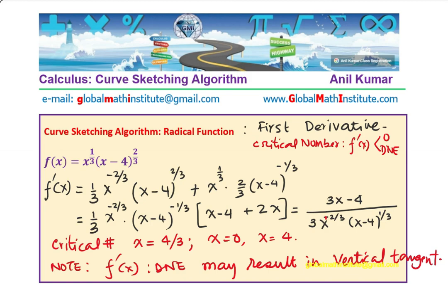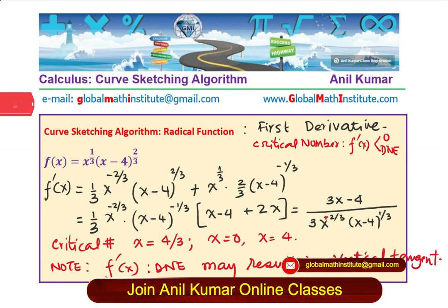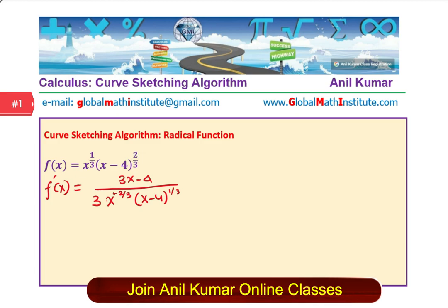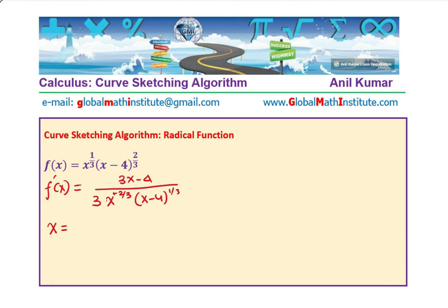Because we took it in the denominator. Minus this, correct. So that is there, and the critical numbers which we found were x equals 4/3, 0 and 4. So let's analyze these critical numbers now.